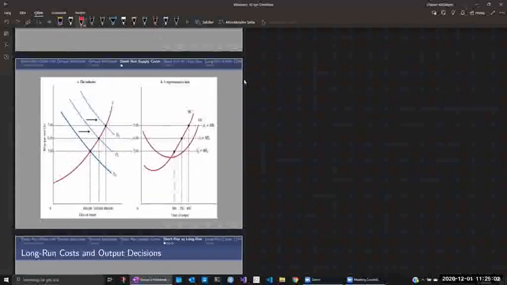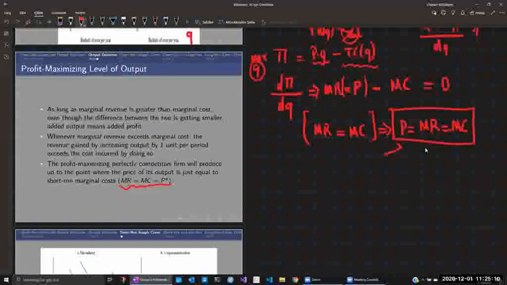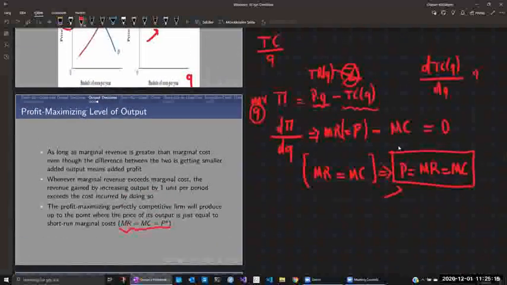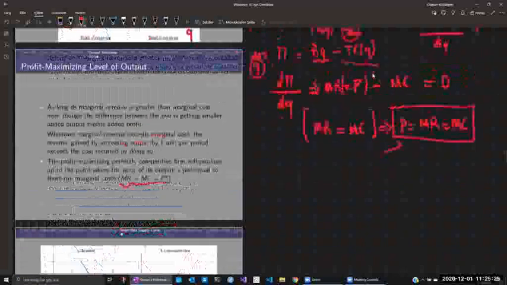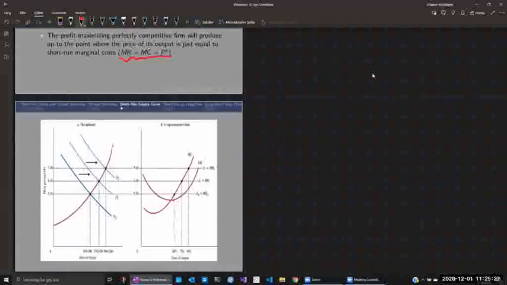Eren says that it's necessary but not sufficient. But I'm asking, so for profit maximization, we derive the first order condition, right? The first order condition tells me that marginal revenue has to be equal to marginal cost. And since I know that marginal revenue is equal to price in a perfectly competitive market, then it should be equal to marginal cost.